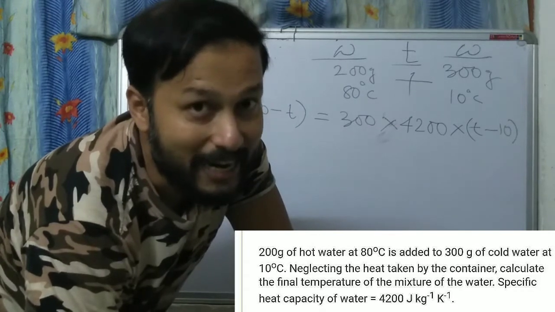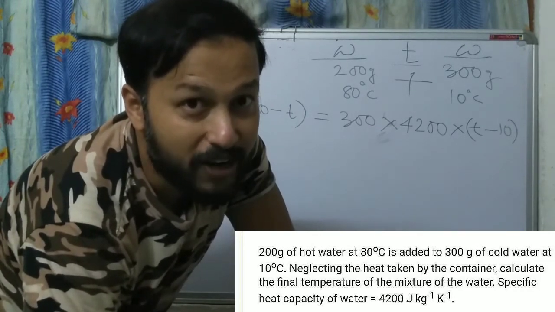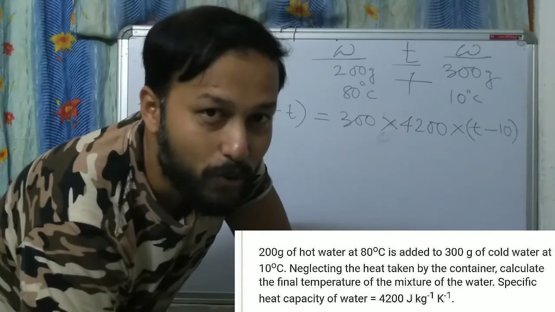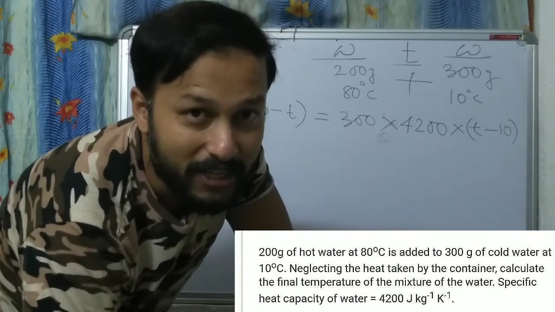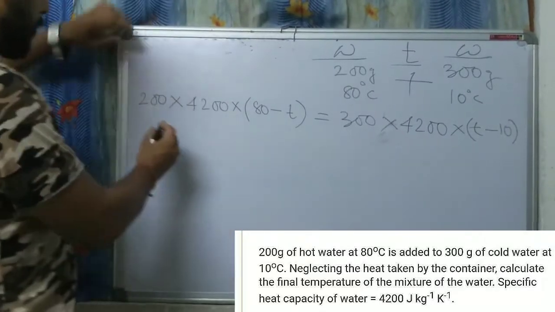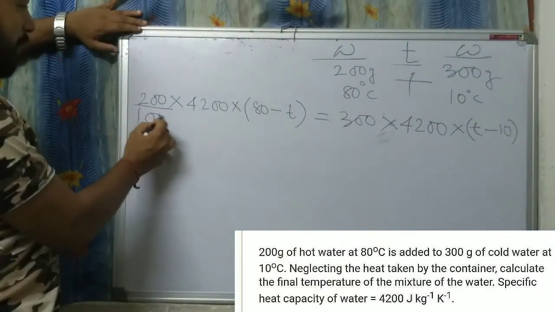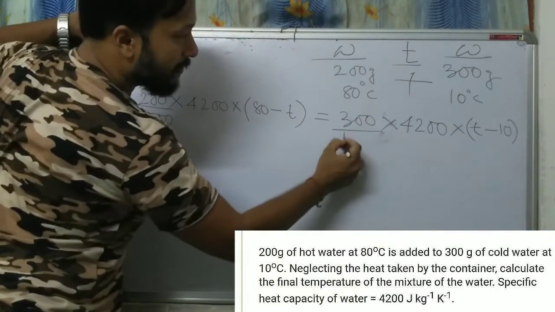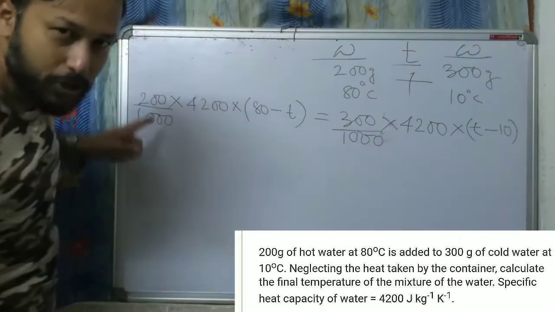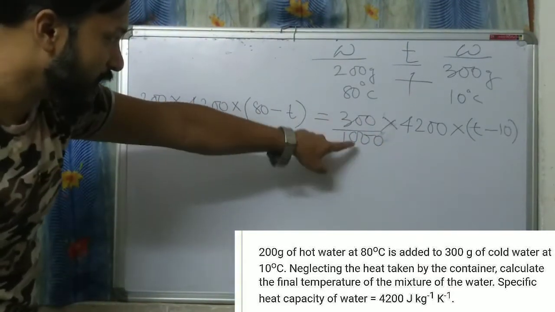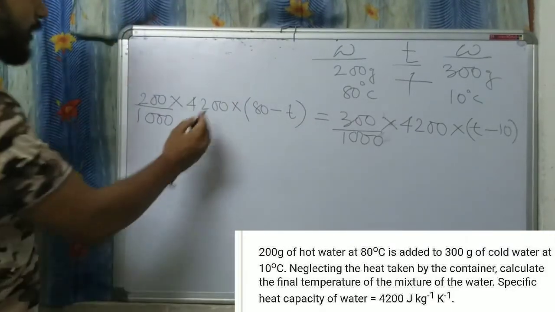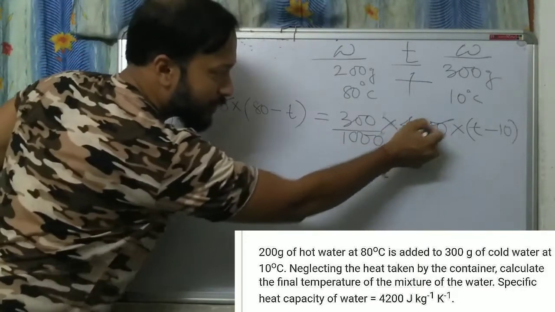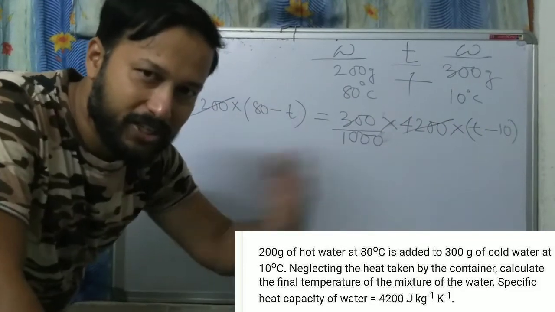That is given in kg. So gram has to be converted into kg. How to convert gram to kg? Divide by 1000. We have to apply it here. So divided by 1000, divided by 1000. Understood? So gram to kg just by dividing by 1000. Okay. Now see, 4200 is cancelled from both the sides.